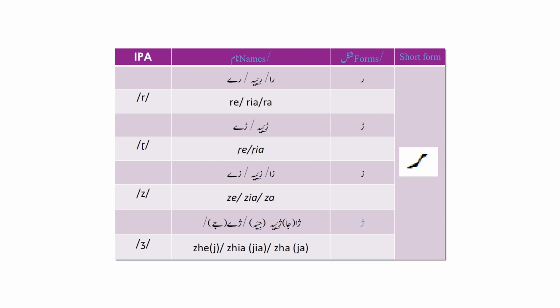So we have Re without dot, De with the symbol of toy, Ze with one dot, and Zhe with 3 dots above. They differ from each other only by dot and the symbol of toy.